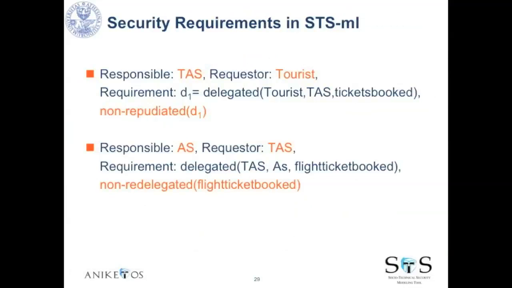So in our form of requirements, the security requirements we can derive from this is that TAS is responsible for bringing about the requirement that was requested by the tourist, that if the delegation of tickets booked from the tourist to TAS occurred, then TAS will not repudiate this delegation. On the other hand, for the no delegation from TAS to Amadeus service, the responsible actor to satisfy this requirement is the Amadeus service.